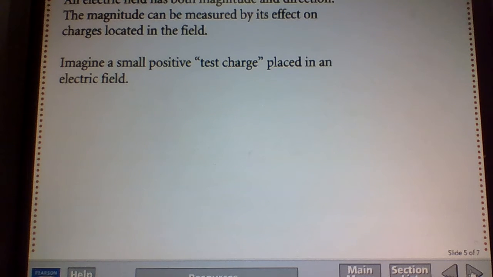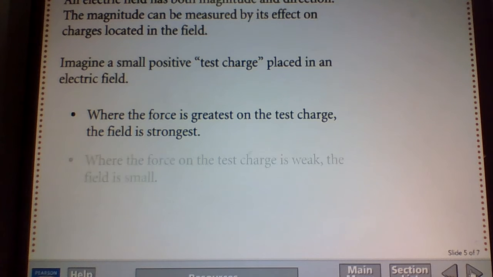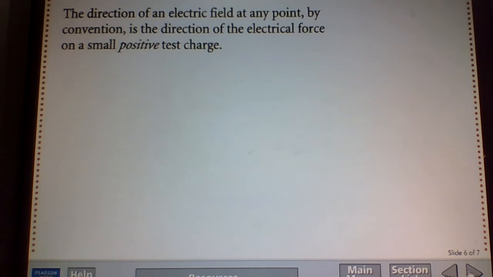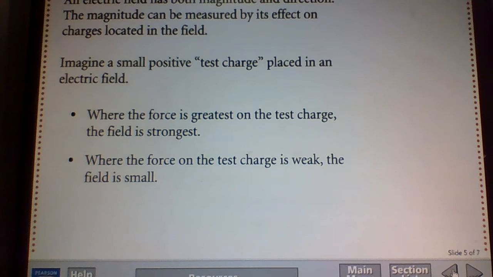Now, an electric field has both magnitude and direction. The magnitude is how strong the push is. The direction is which way it is pushing. We determine the direction by how the object would react when I put a positive test charge near it.